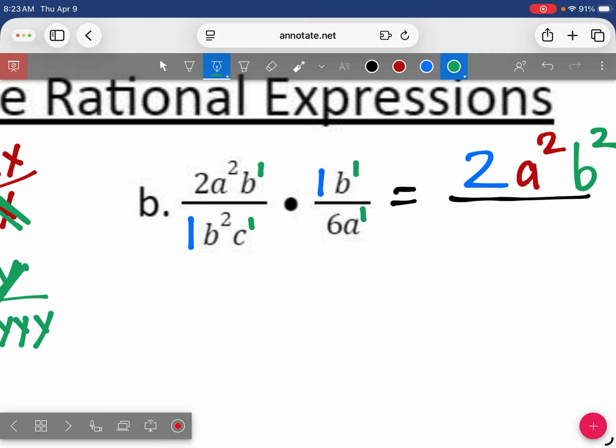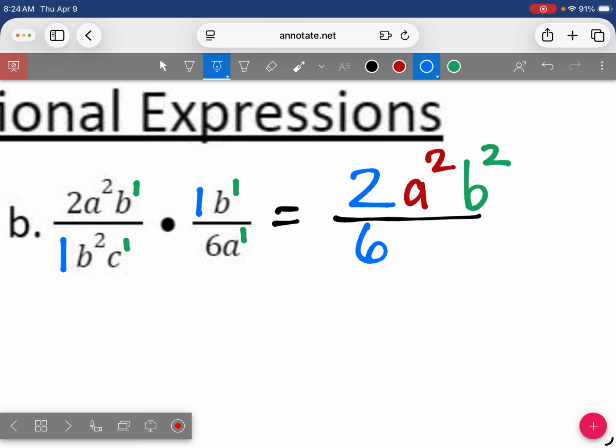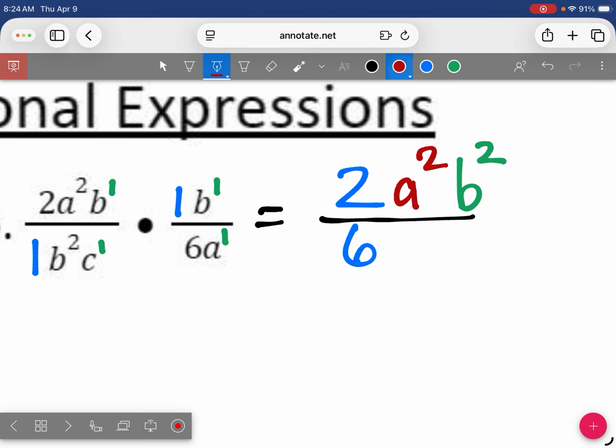All right, now let's go to the denominator. We're multiplying the 1 times 6. 1 times 6 is 6. How many apples? We just got the 1. I like to line them up, and I always go in alphabetical order to keep my work neat.